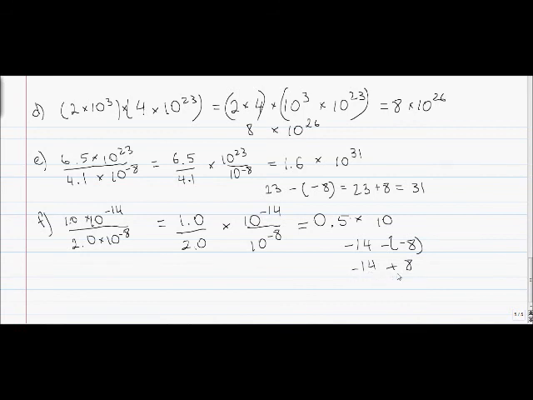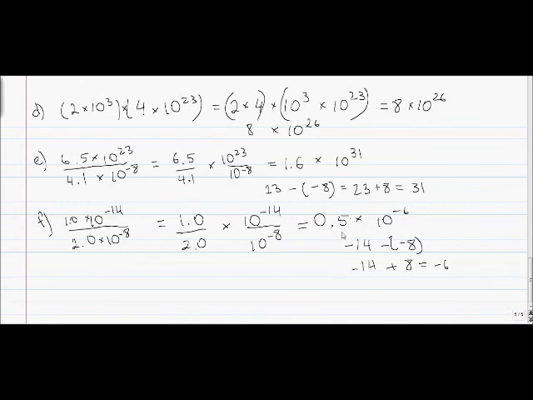Different signs, minus and plus, so we subtract larger minus smaller. 14 minus 8 gives us 6, and we make it negative 6 because 14 is a larger number than 8, and we keep the sign of the larger number. So we write down 10 to the negative 6.